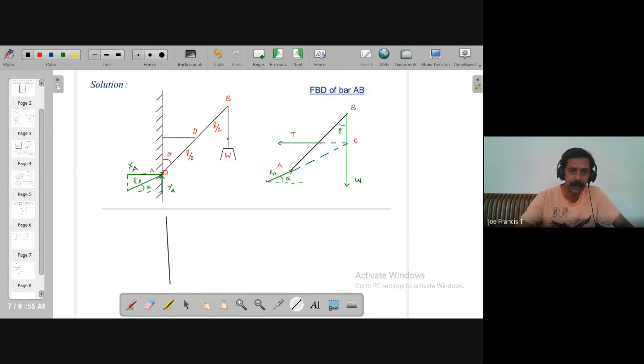So if I draw a y-axis and then an x-axis, this is your x direction, and here you have positive y. You have the three forces acting. I'll just mark them one by one. You have the force W, which is acting downward.